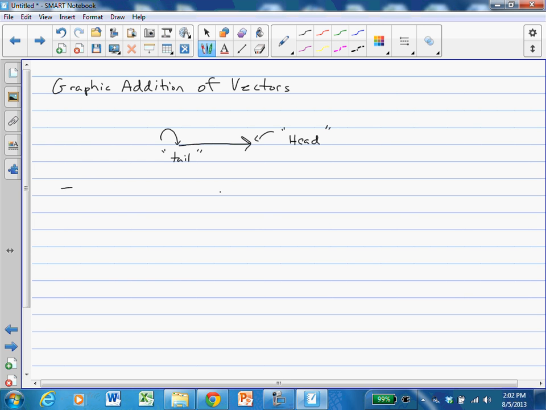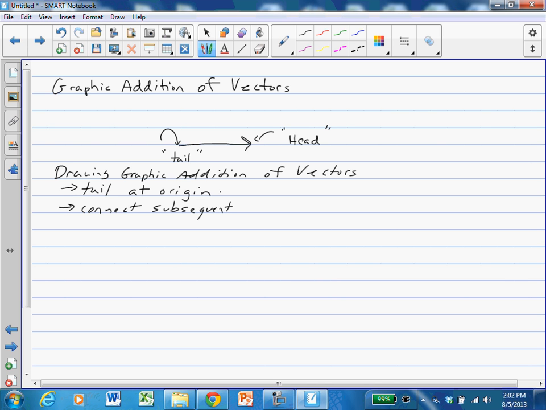So drawing or graphic addition of vectors. Tail at origin. Connect subsequent vectors.